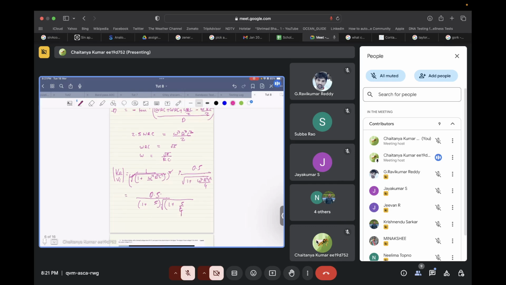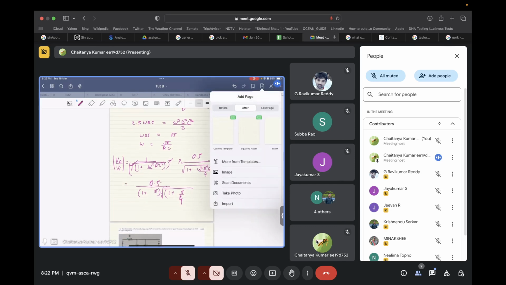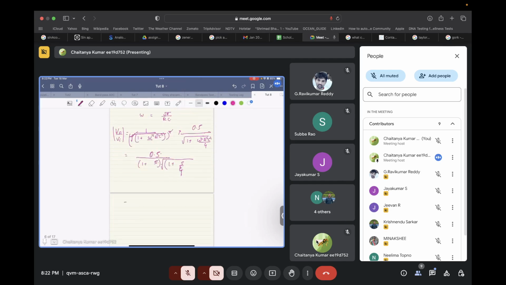If we simplify this, we get 0.5 divided by 6 times square root of 9 by 4, and square root of 9 by 4 can be written as 3 by 2, and 2 goes on the top. So we have this as 1 by 18.